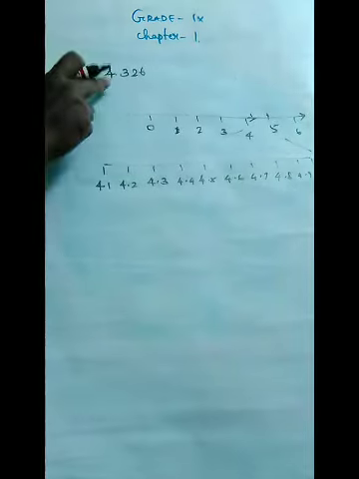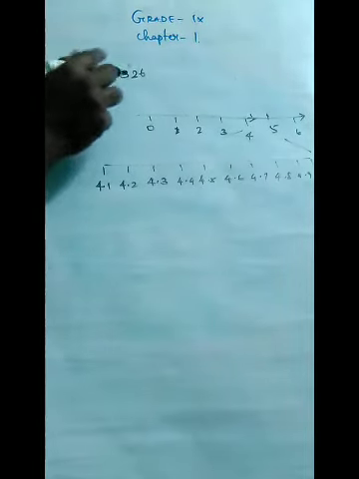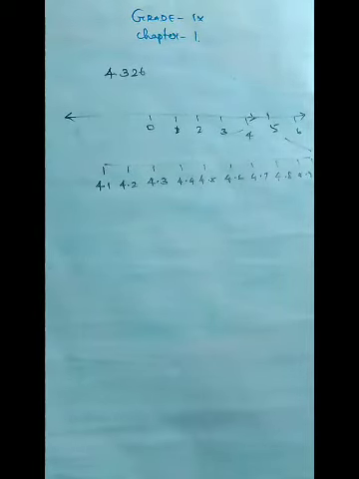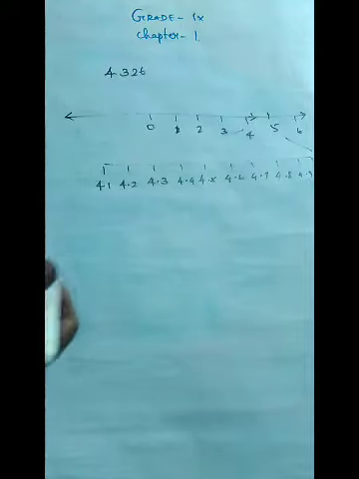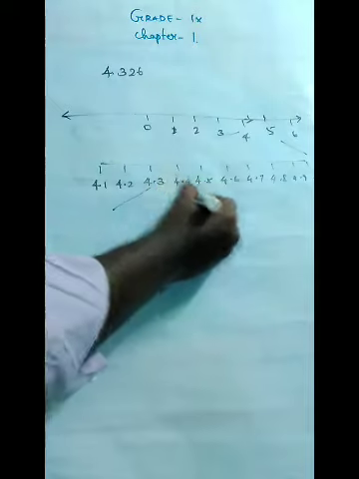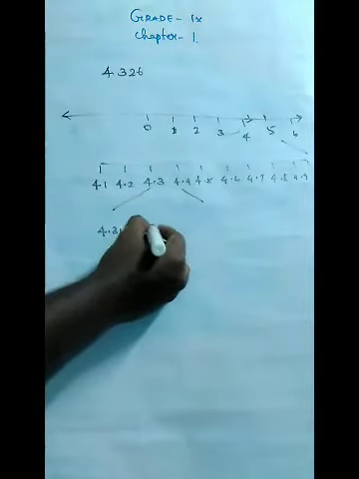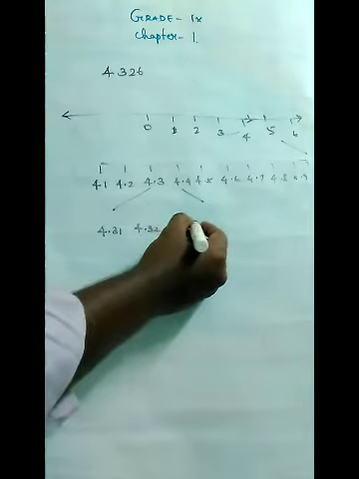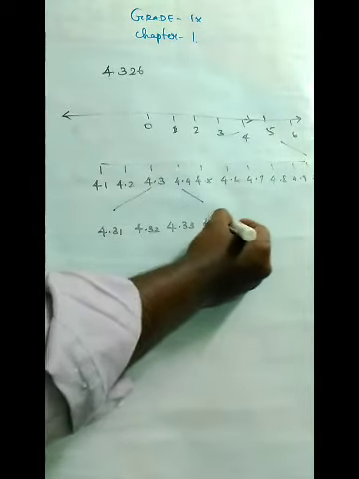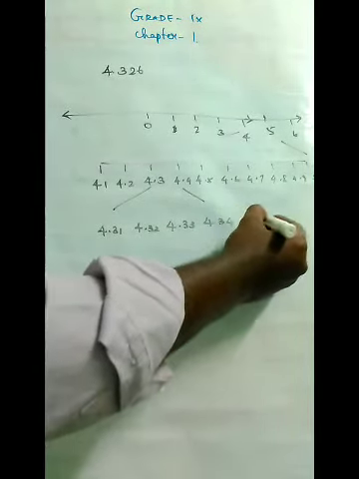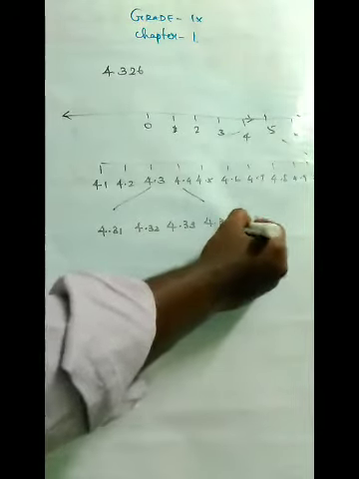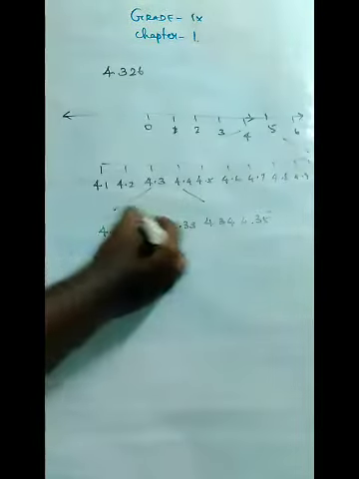From here we check 4.3, then we have 4.32. Now we check between which values 3, 2 will lie. It lies between 3 and 4. Then again 4.31, 4.32, 4.33, 4.34, 4.35. So we have to write that.